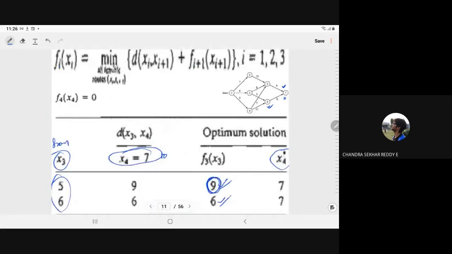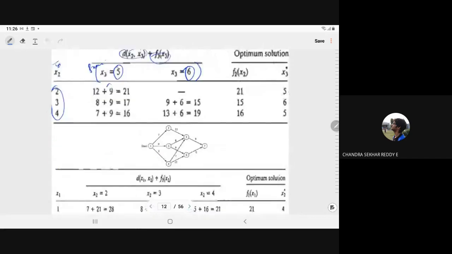So here we have written the optimal value 9, and the distances from stage 2 to stage 3, that is 2 to 5, 3 to 5, and 4 to 5, are given to you as 12, 8, 7. That will be the total distance covered from node 7 to reach node 2, node 3, node 4.